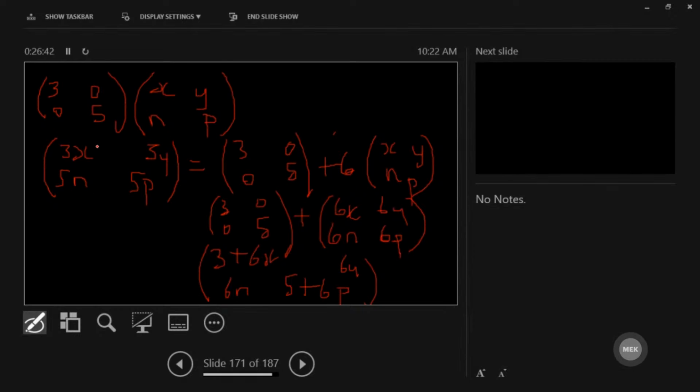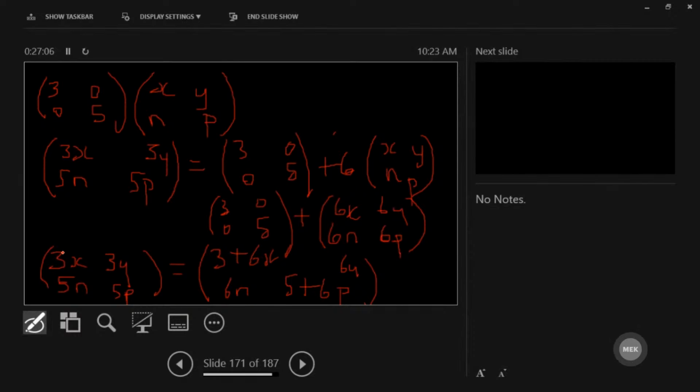And so this product here is equal to this sum there. So let's equate them now. So we had 3X, 3Y, 5N, and 5P. And they want us to find the value of X and P.